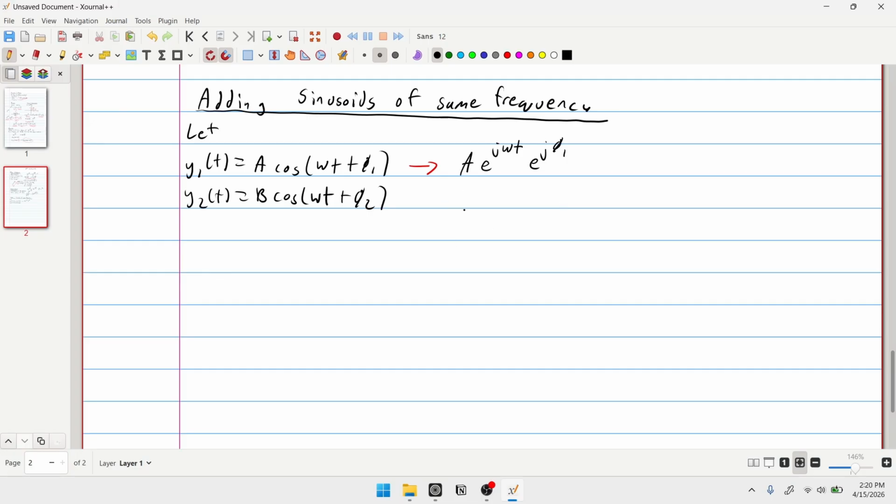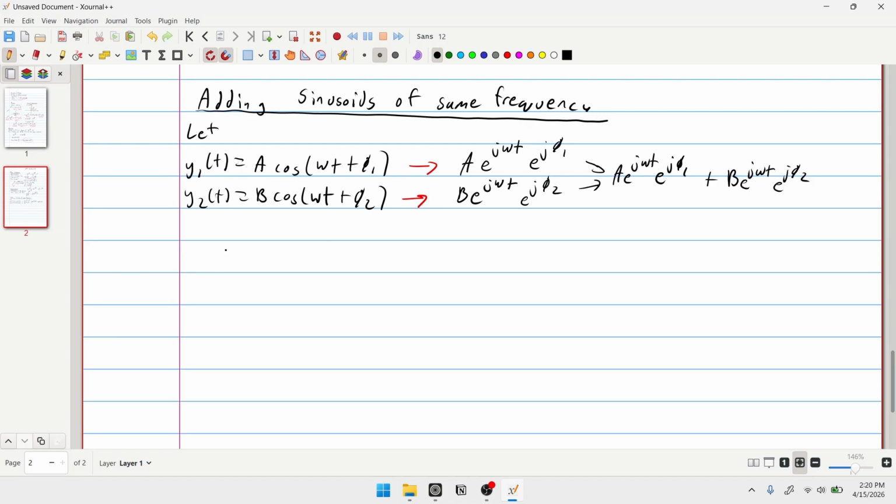And then here we have B e^(jωt) times e^(jφ2). All right. Let's say we want to add these. We would have A e^(jωt) e^(jφ1) plus B e^(jωt) times e^(jφ2).